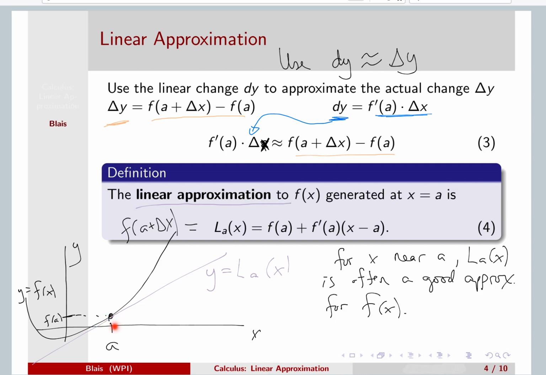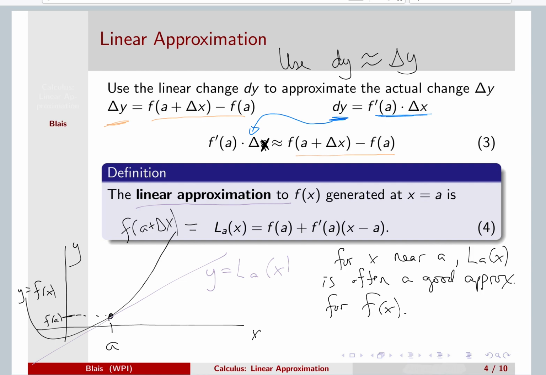Looking at the picture, you can imagine that if you're really close to a, this lavender line is very close to the black curve of y equals f of x. That's all the linear approximation is. It's just saying form the tangent line and use the tangent line instead of the function nearby.